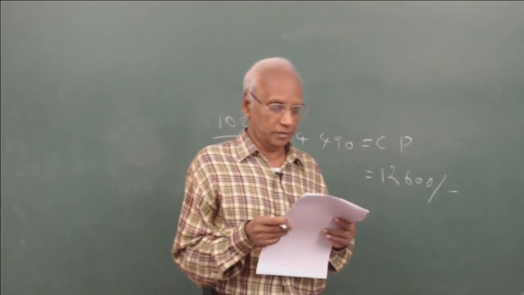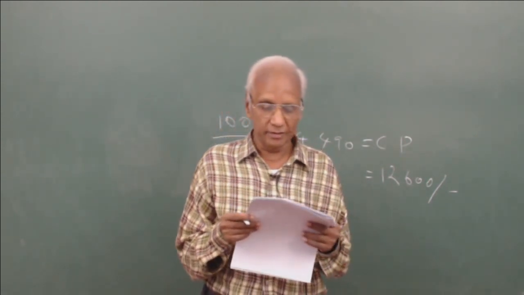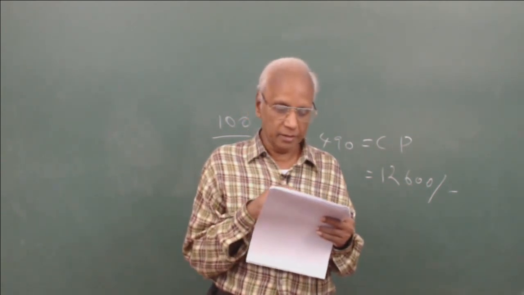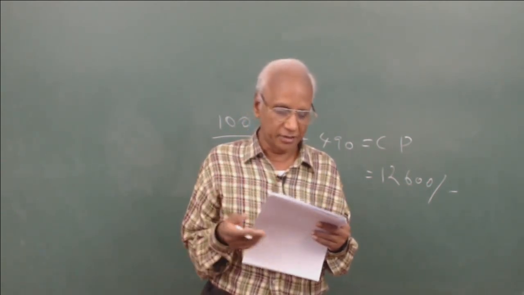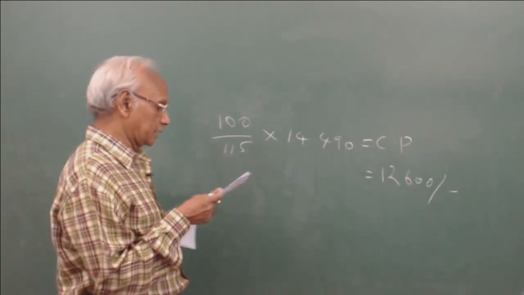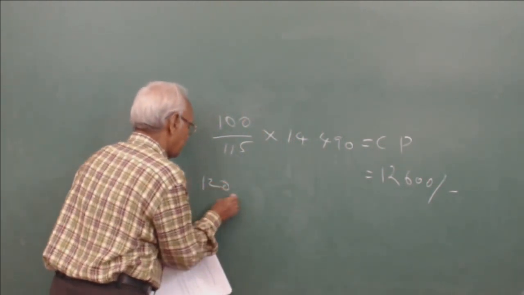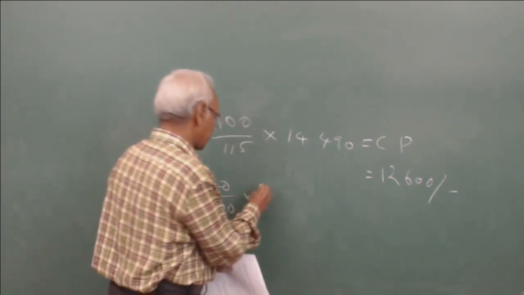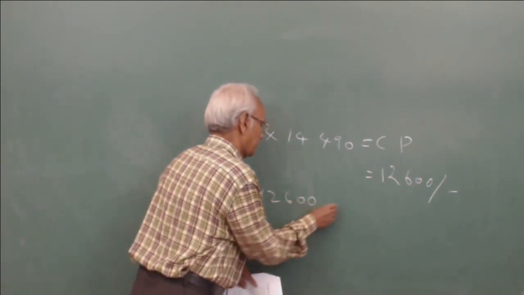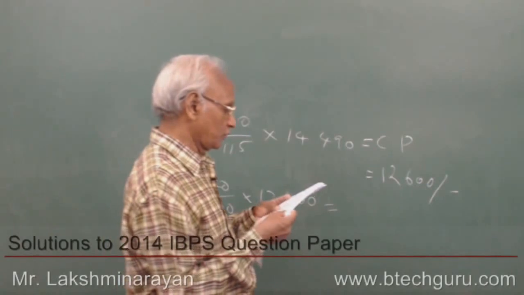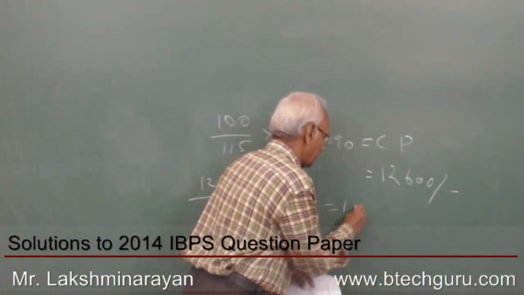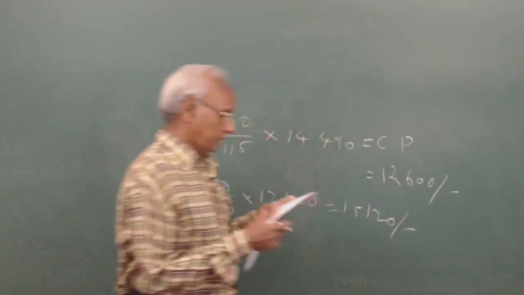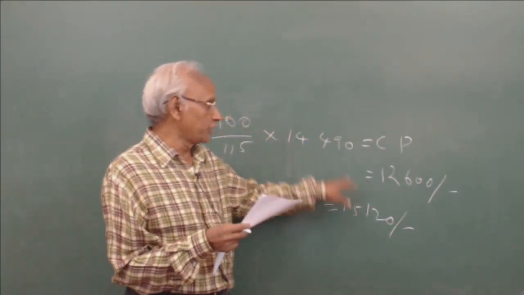But then he marks the price on that 12,600, so the marked price will be still greater. The marked price will be 120 divided by 100 times 12,600, which works out to 15,120.